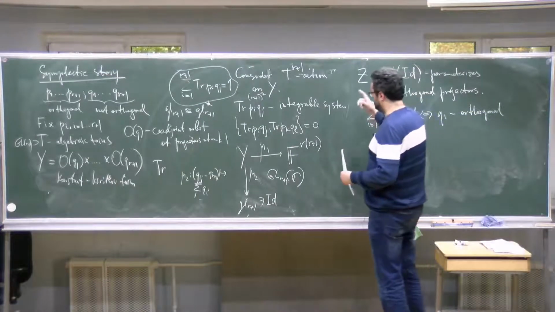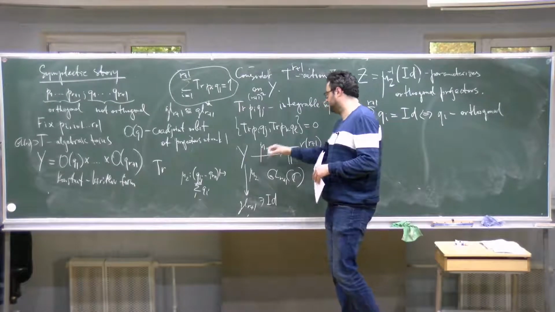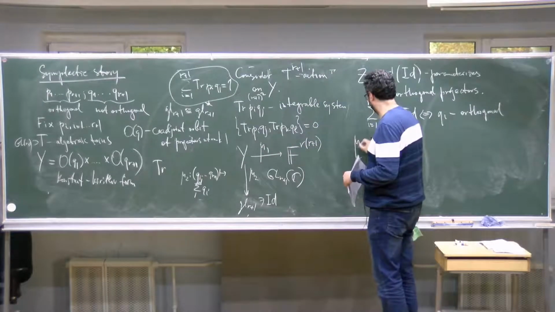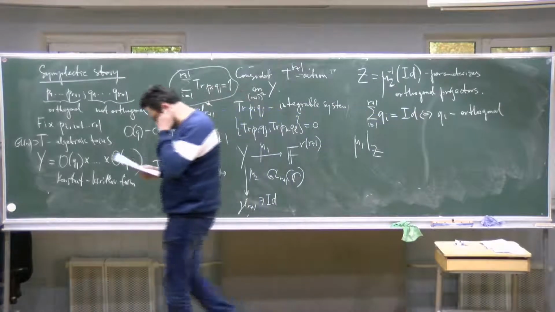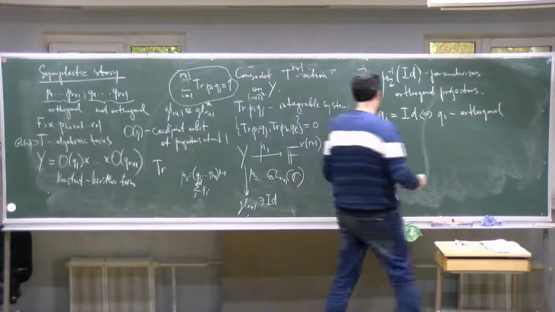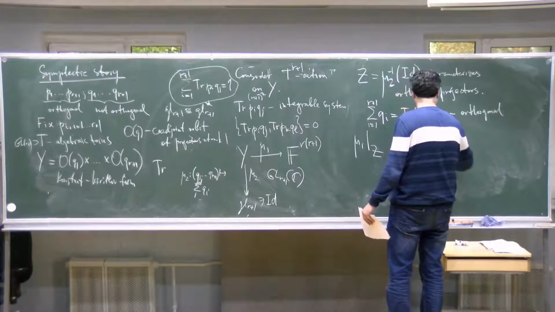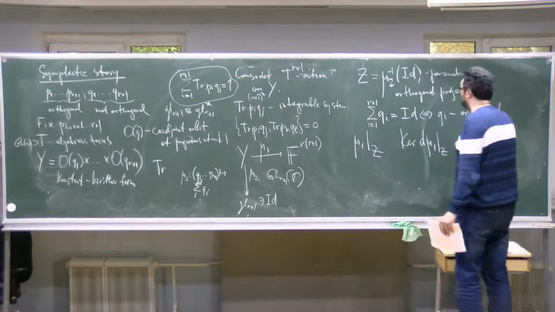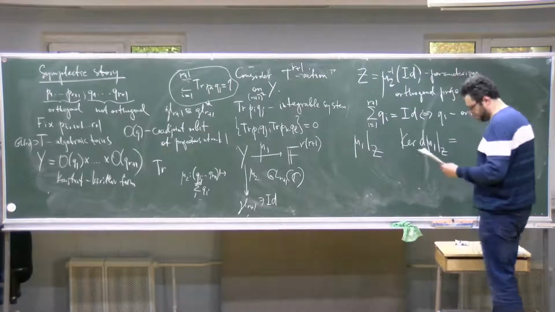I would like to consider the restriction of this map on Z, and I would like to consider the differential of this map. And we have the following identification.